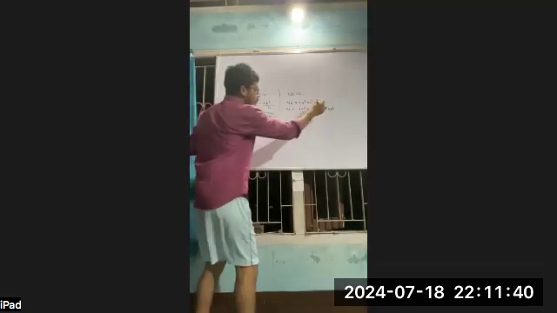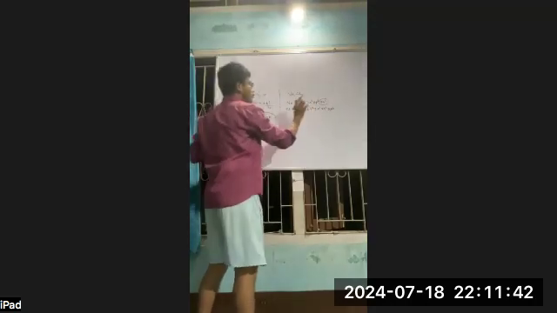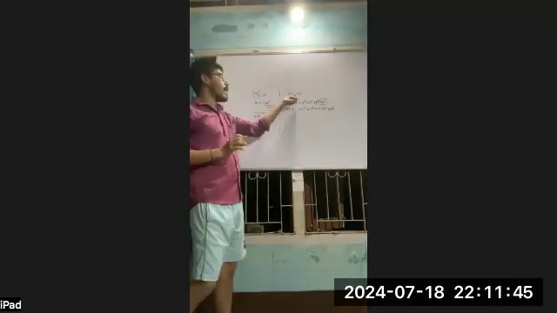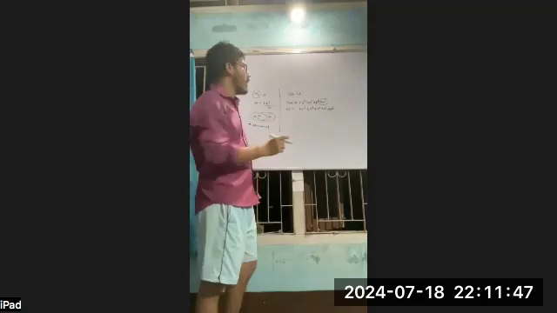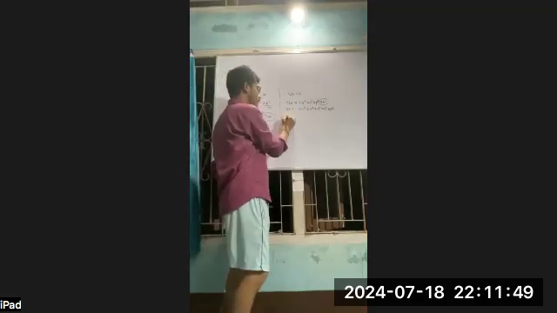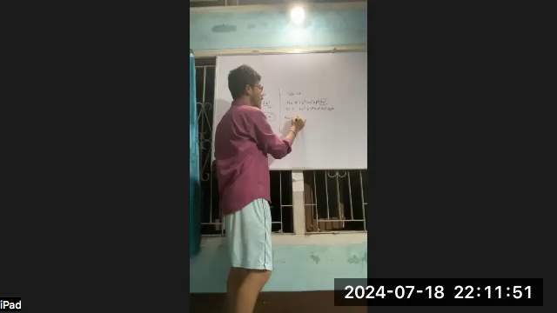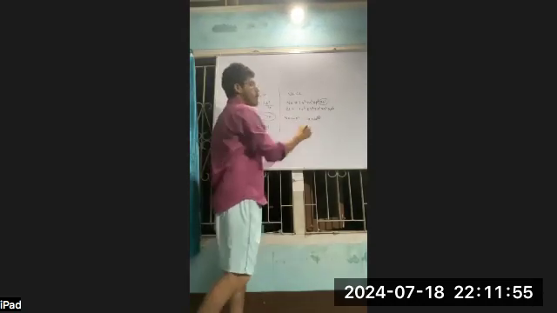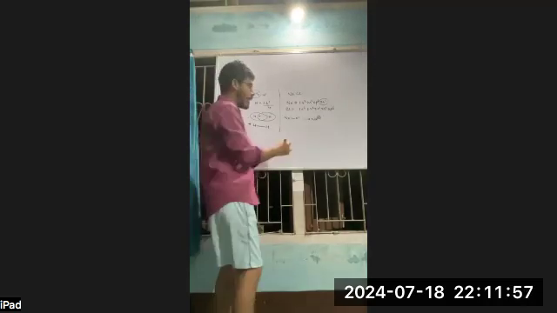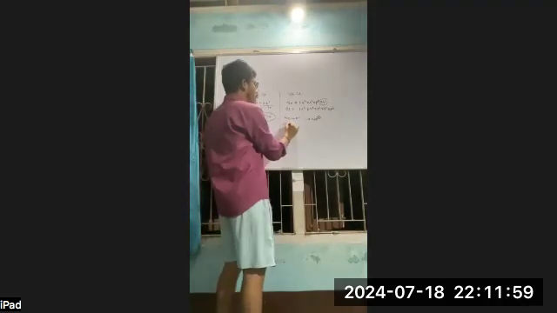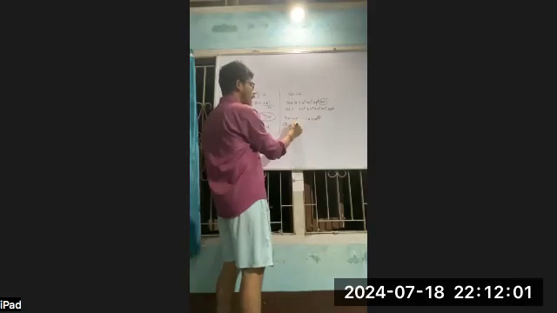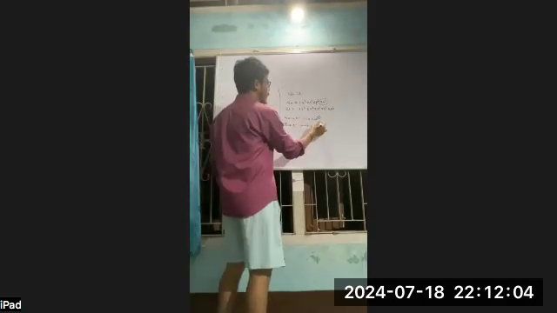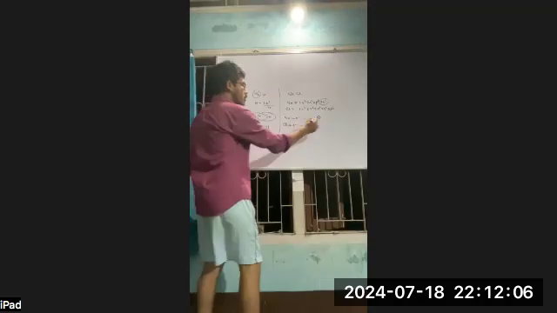To form the NaCl compound, sodium will release its electron and form the sodium positive ion. And chlorine will gain that electron and form the Cl minus ion. After that, sodium positive and Cl minus will form the NaCl compound.